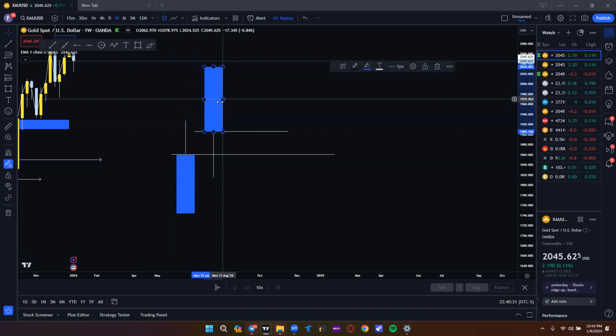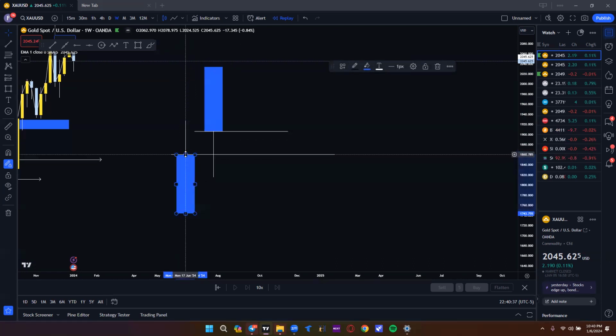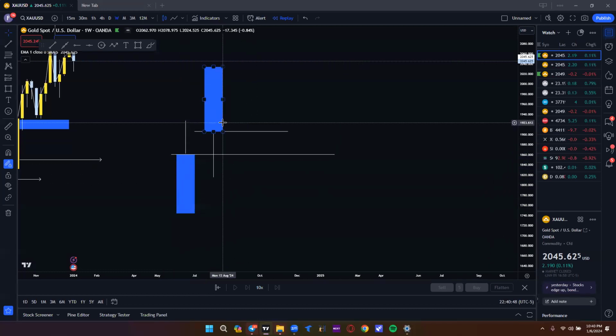I just have to bring it up because you're going to come across these situations where you'll be like, well, the gap is giving me issues, because this could be the closure, but it opened here, or this previous candle closed here, but it opened here.